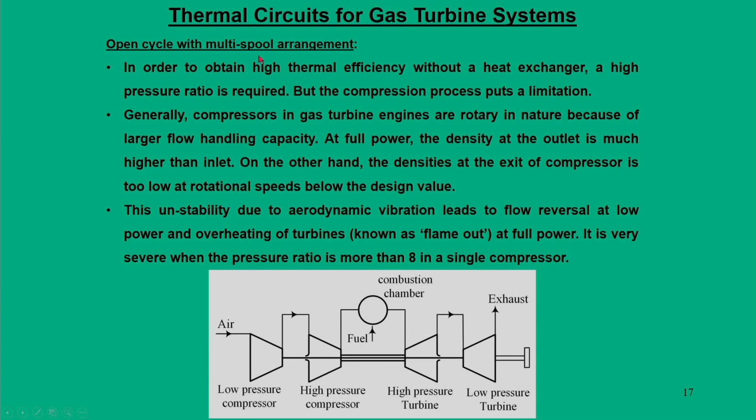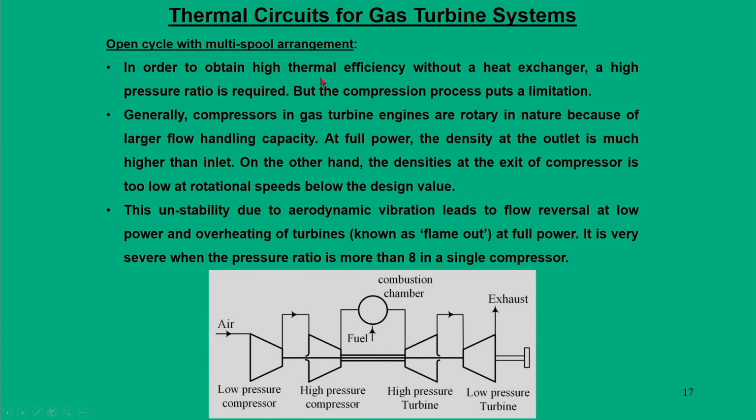They call it a multi-spool. The high pressure turbine drives the high pressure compressor, and the low pressure turbine drives the low pressure compressor. This is what we call a multi-spool arrangement.